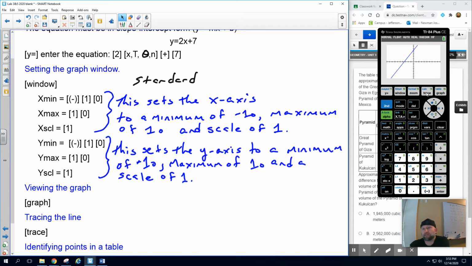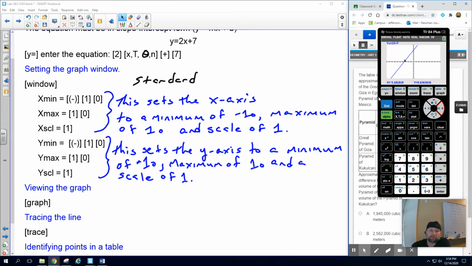All you have to do is hit trace, and then you can hit the left or right button. If I hit left, it'll just take me on down. Now, if you notice, we've got a lot of repeating decimals, but we don't have any exact values. The trace button is useful because we can just keep on going, but it doesn't show us exactly what any of the points are.